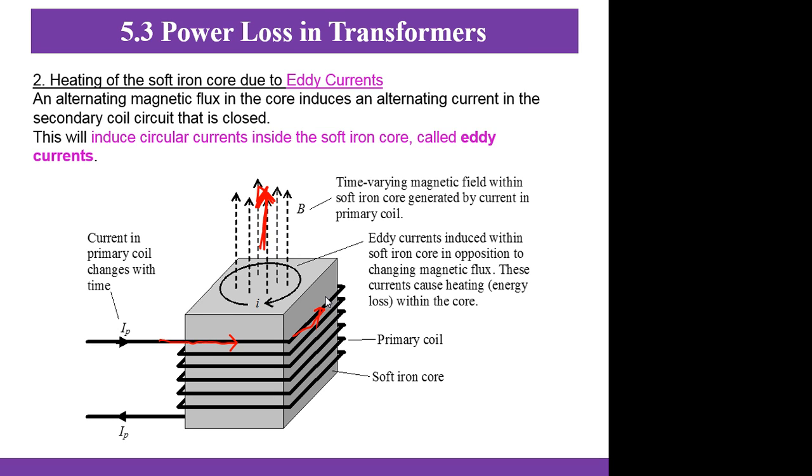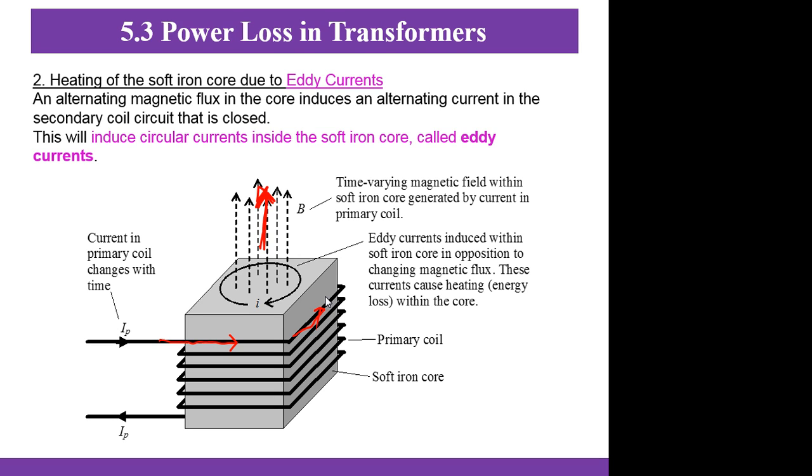Does it like it? No, it does not. Well, actually it has no feelings, but let's put it that way. So it tries to resist the change. It wants to create some B field to counter that. That is basically Faraday's law and Lenz's law combined together.